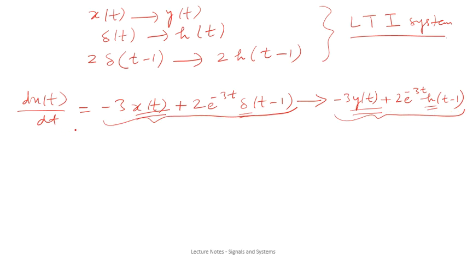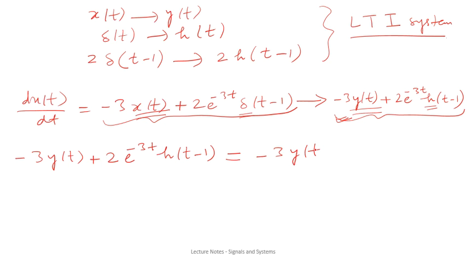Now from all this information, if we compile the above steps, we see that -3y(t) + 2e^(-3t) h(t-1), which we have just obtained, should be equal to the expression given in the problem itself.